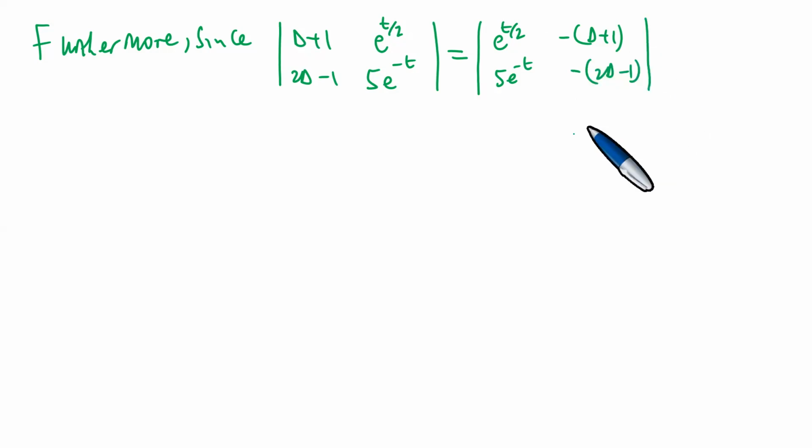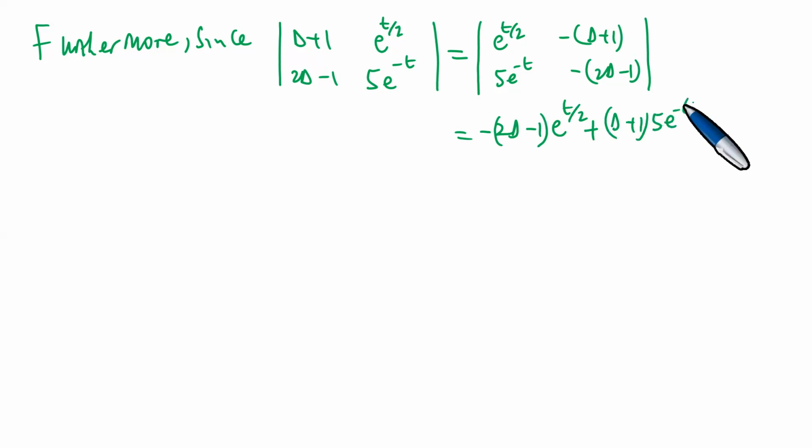They'll be equal to each other. Let's just work this one out. Because the system is degenerate, it is expected that they must be equal to each other and equal to 0. So this becomes minus twice (D minus 1) e to the t over 2 plus (D plus 1) 5e to the minus t.